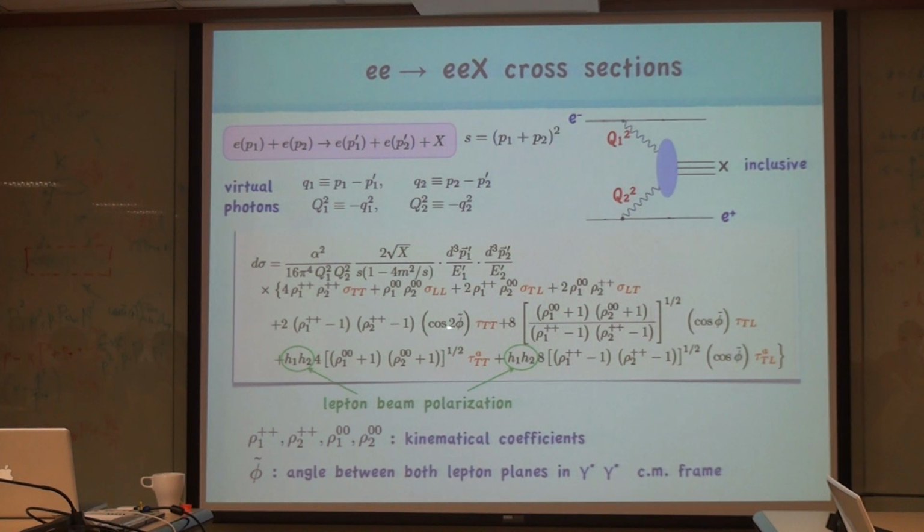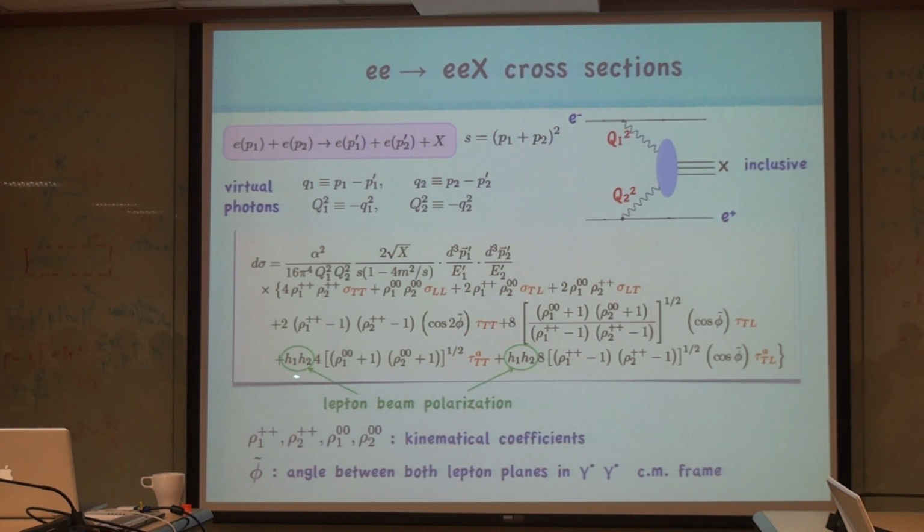And some of them, very similar to the case for spin 1/2 target, have angular dependencies in them, like the cosine phi or cosine 2 phi, or here another cosine phi. And this phi is the angle between the 2 lepton planes. So if you define, for instance, this to be in one plane, this positron can scatter out of the plane. So there's one relative angle there, which is coming in. So by doing these measurements, tagging at different angles, you can in principle access these different functions.